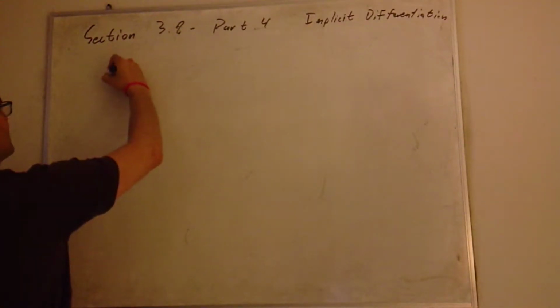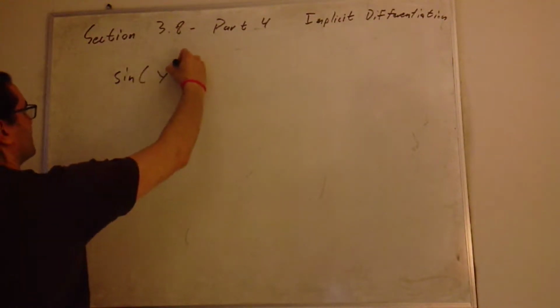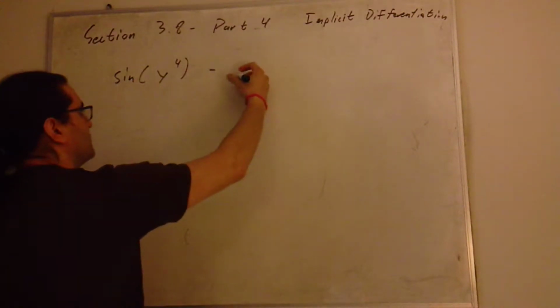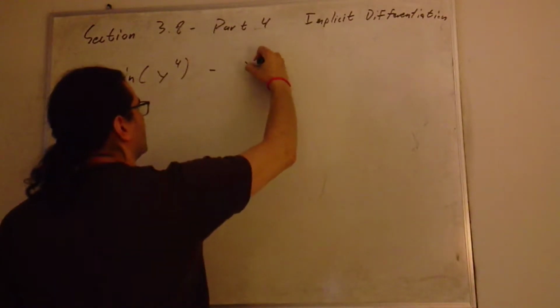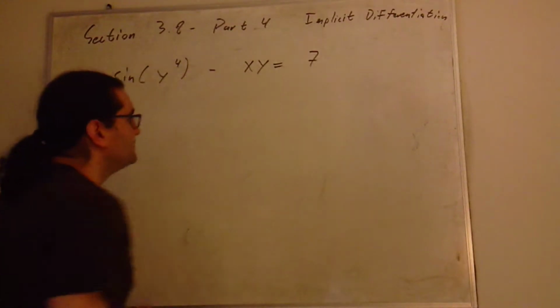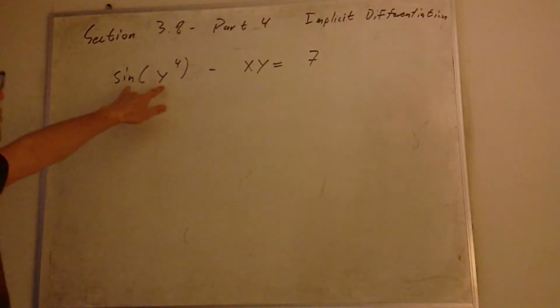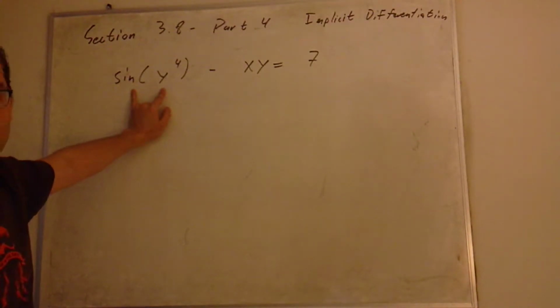If we do something like the sine of y to the fourth minus xy equals 7. This is an implicit function with a composite function as part of it.